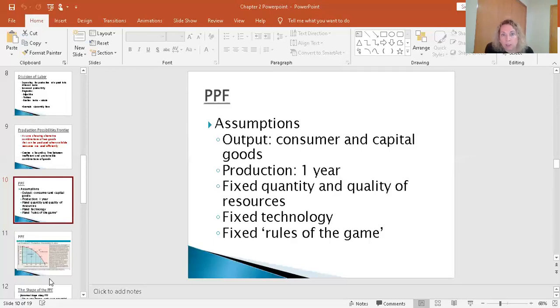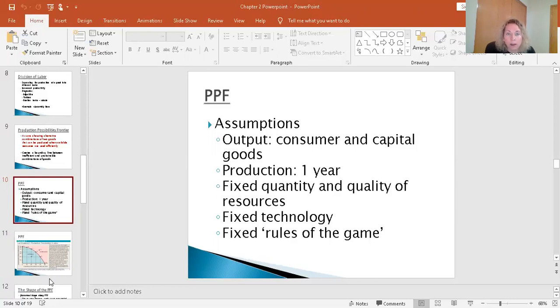The other thing we always have to do when we graph information or even collect information is we have to choose a period of time. And in a lot of cases, when we're talking about economies as a whole, we do choose a one-year period of time. And so in this case, that's the assumption that we make. We're tracking information for a one-year period of time.